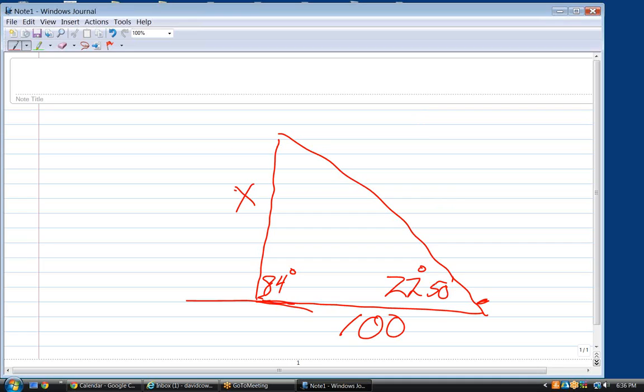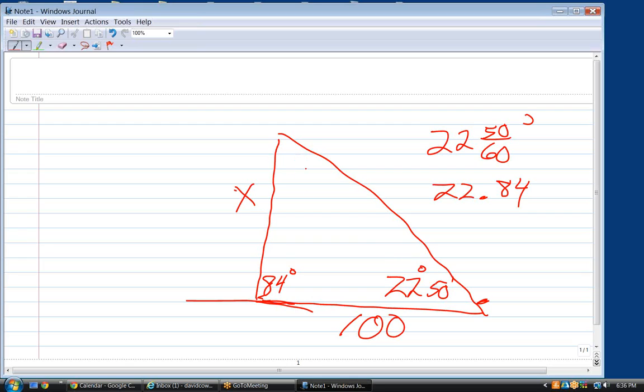There's 60 minutes in a degree, and 60 seconds in a minute. So that really is 22 and 50/60ths degrees. What is 5/6? That's like 0.83.